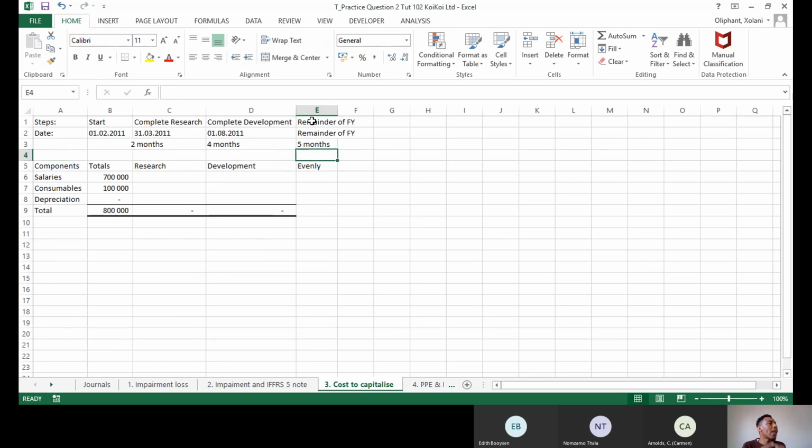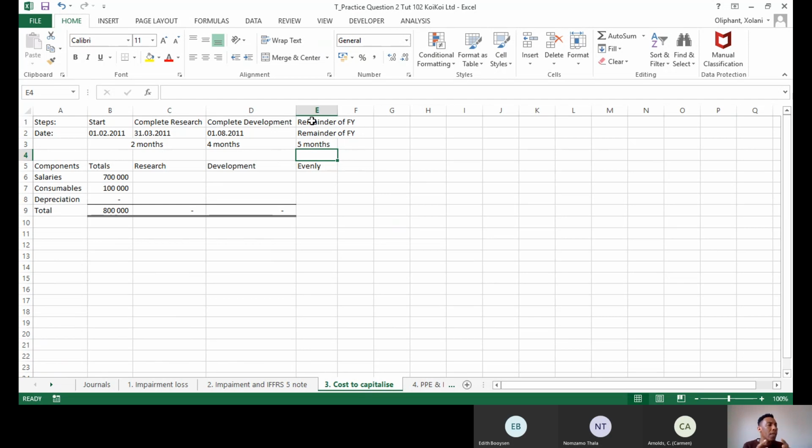Now we already understood what were the costs that were directly attributable in researching and in developing this project, or let's call it now this patent. We know we have salaries of 700,000.